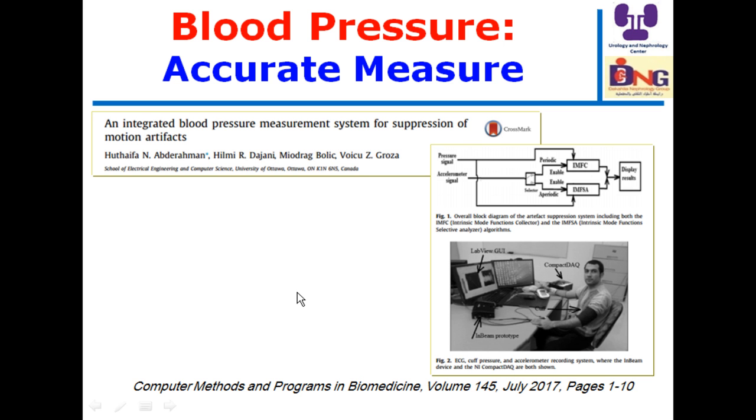a new algorithmic stage is integrated in a non-invasive blood pressure monitor. This stage suppresses the effect of motion artifacts and adjusts the estimated pressure before displaying it to users. The proposed stage is based on a 3-axis accelerometer signal, which helps in the accurate detection of the motion artifact.